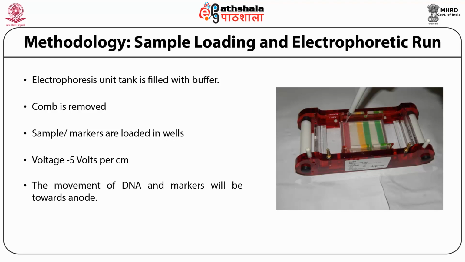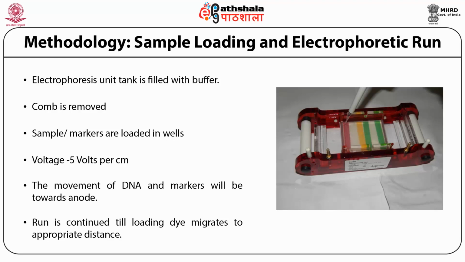Edge effects will be observed when high voltage is applied. The electrophoretic run is continued till the loading dye migrates to an appropriate distance. After the electrophoretic run, it is time to see the bands on separation.